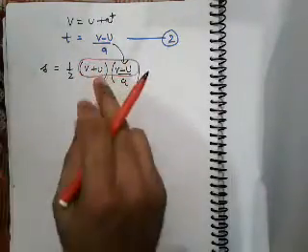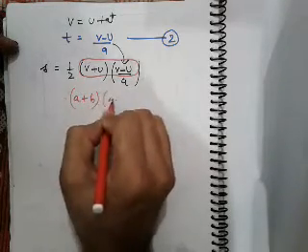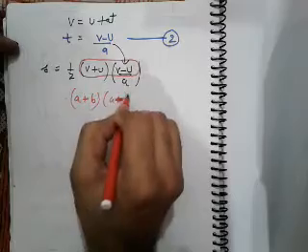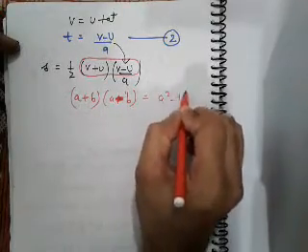This is a formula: A plus B into A minus B is equal to A square minus B square.